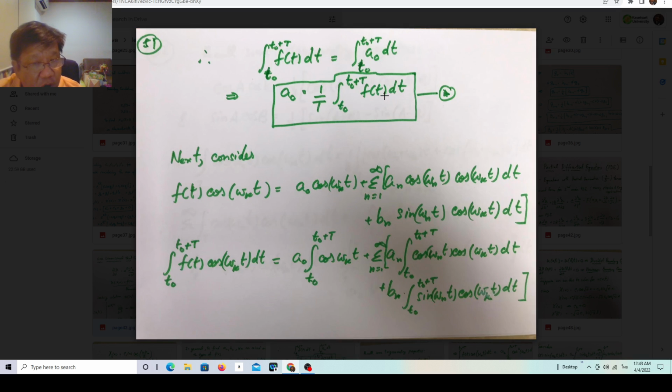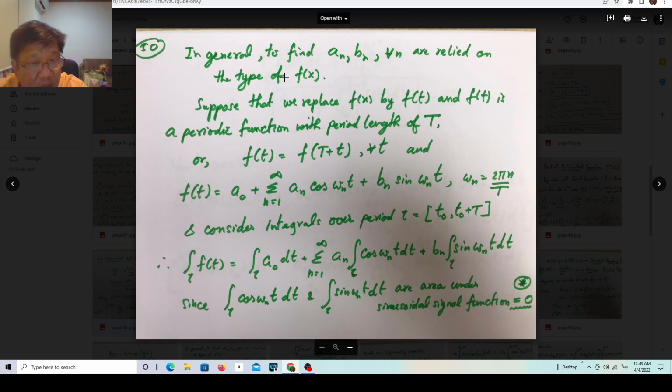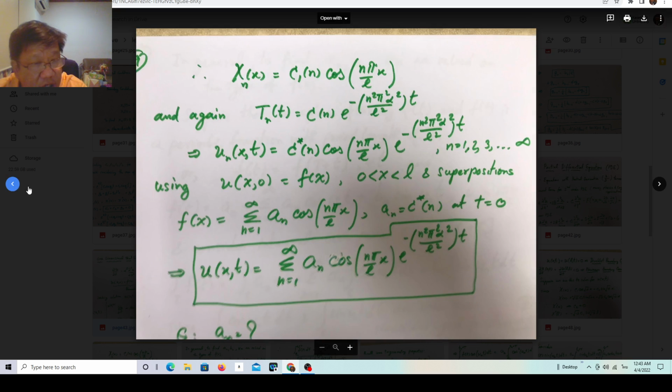Remember, now you replace the domain t with the domain x, and capital T is a cycle, not according to time, but according to the object that you are interested in. So this is a general formula. You can find the constant term from any function at the boundary condition here.